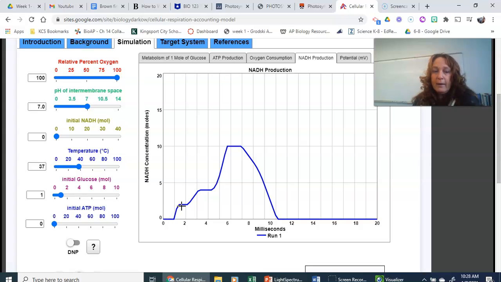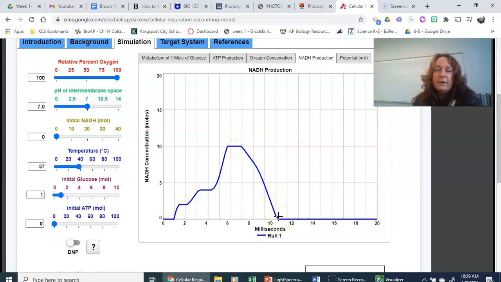Then you have, looks like, I guess that's 2, and then you're at 4, and then you're at 10 NADH. Every NADH has 2 electrons, and now you've got 10 electron carriers of NADH, and then what's going on here where all of a sudden you don't have any more NADH.